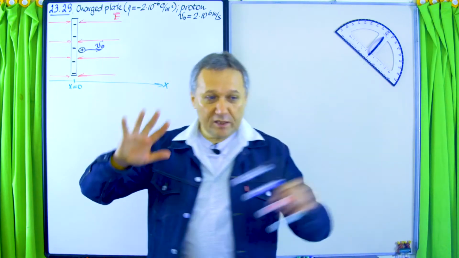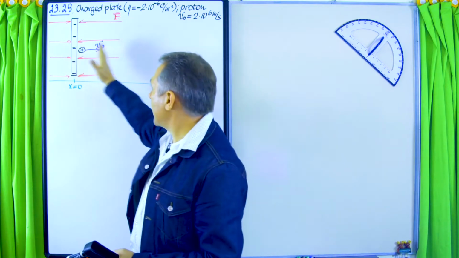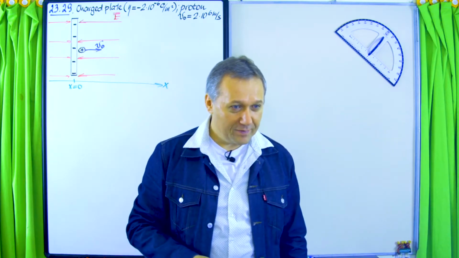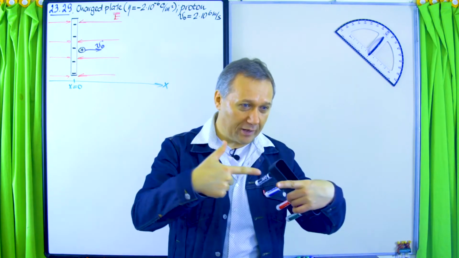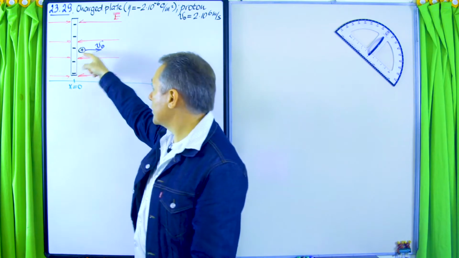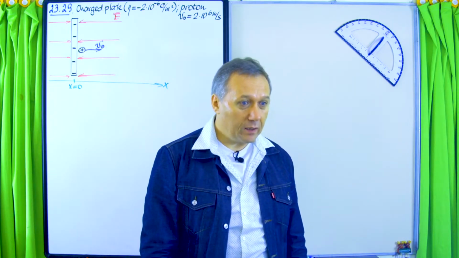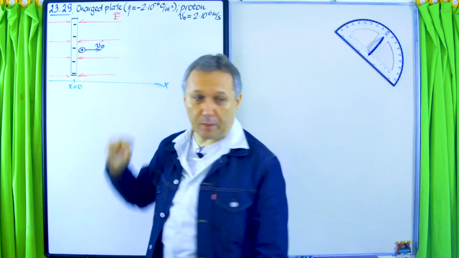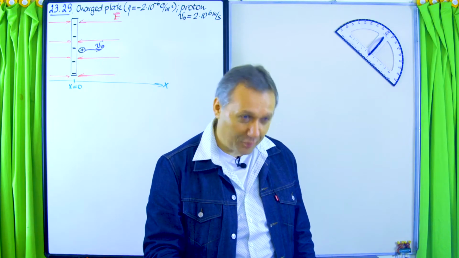In simple words, what is this proton going to do as it travels away from the plate? Since we have a negatively charged object and a positively charged object, of course they attract. The proton is going to be attracted towards the negatively charged plate, and as a result, it is going to decelerate, slowing down.